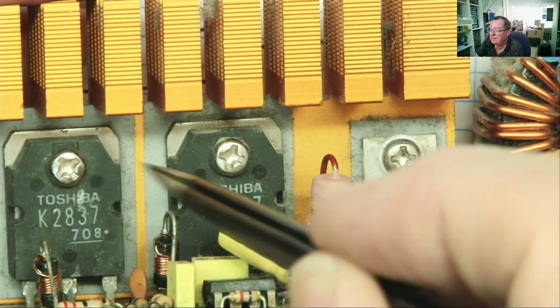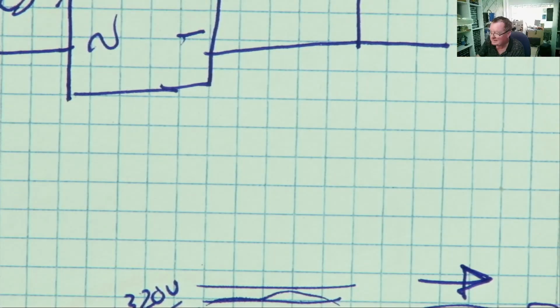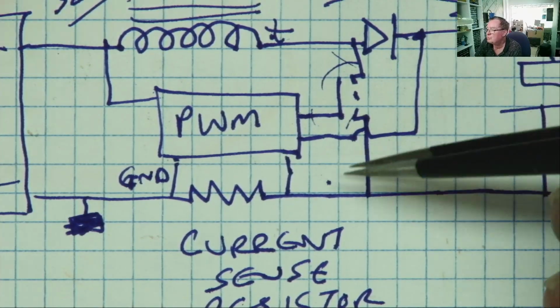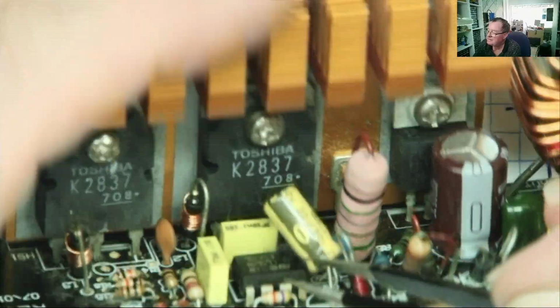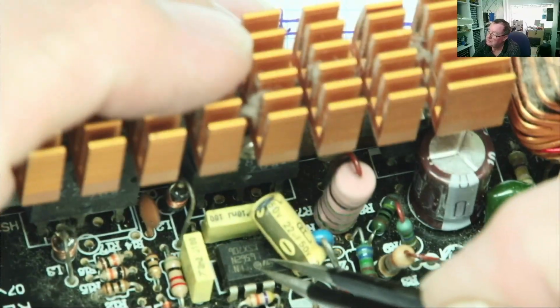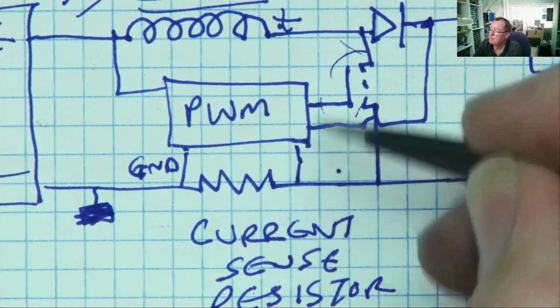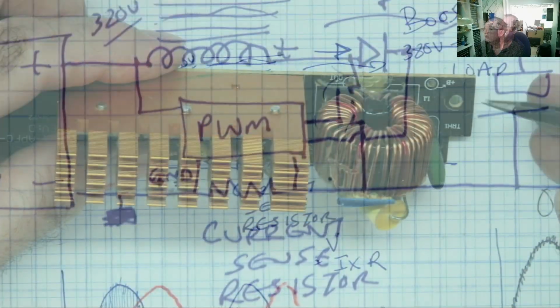Okay, so that's the diode. These, in this case, two of them, are the switching MOSFETs. That's this MOSFET. Ours just has two in parallel to handle more power. And this chip here, L6562, this is the pulse width modulator and control chip, the PFC controller.